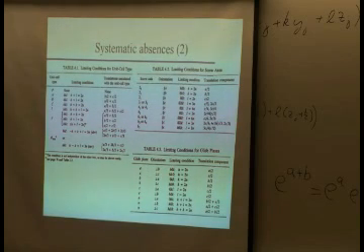This is a list of what all of these different translational components do, okay? Centering, all of them do create some kind of absences. Screw axes. As you can see, not all of them work on all reflections. Screw axes may only work on certain reflections. Screw axes along the a-axis will only affect the h00 reflections.